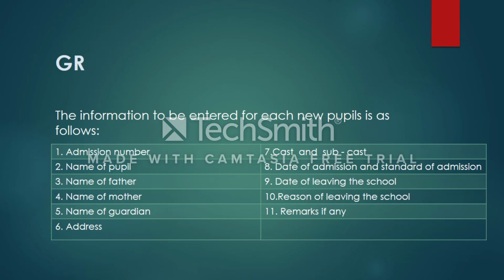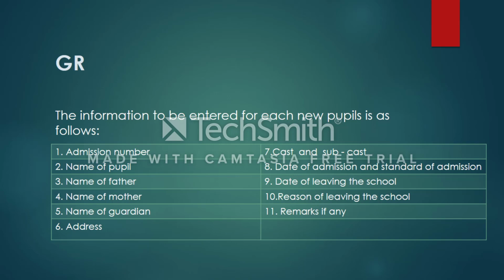And if the child was studying in a rural area, leaves the school and gets admission in another school, they must also register that date of admission and in which standard he or she has got admission.